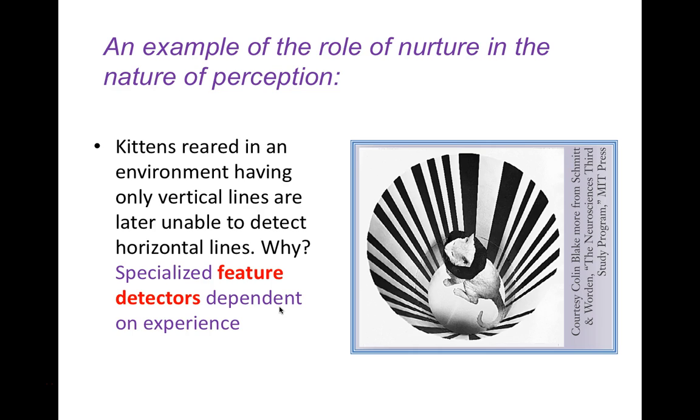So there was no nurturing, no learning of this because there was no exposure to horizontal lines in the cat's kittenhood, okay? Therefore, they cannot see it. Those specialized feature detectors did not develop fully or sufficiently.